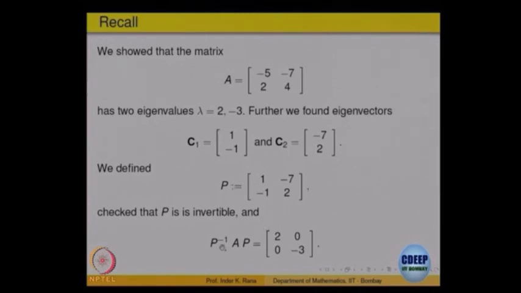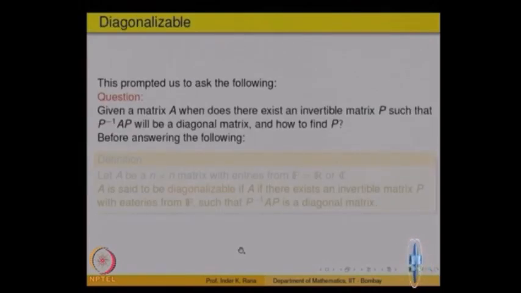And then we checked the property that P inverse AP is a diagonal matrix, with the diagonal being the eigenvalues 2 and minus 3. So, this was the illustration of how to find a matrix which will diagonalize a given matrix A. This prompted us to ask the question: given a matrix A, when does there exist an invertible matrix P such that P inverse AP is a diagonal matrix, and how do we find that P?